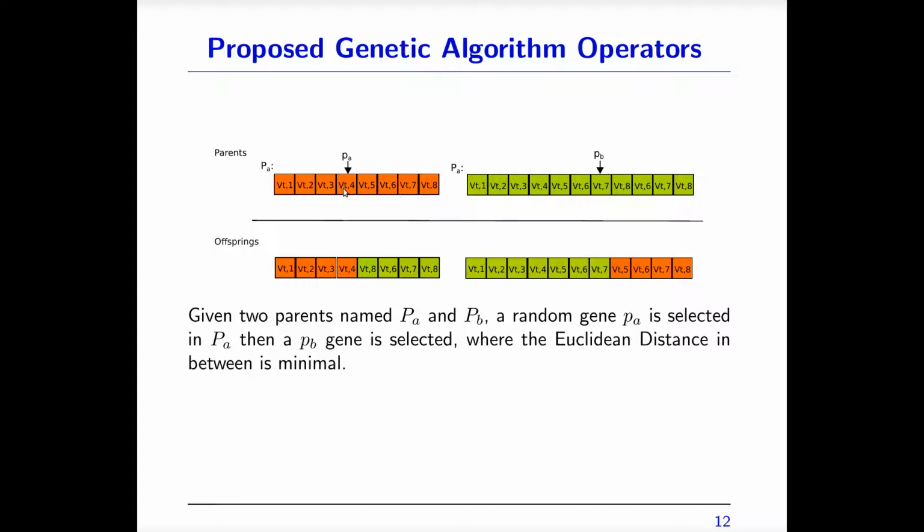Then a gene is selected in the green parent where the Euclidean distance between them is minimal, to find the more similar pose.